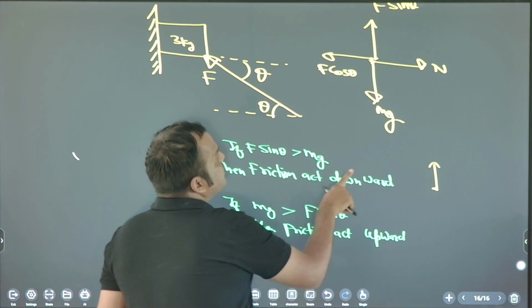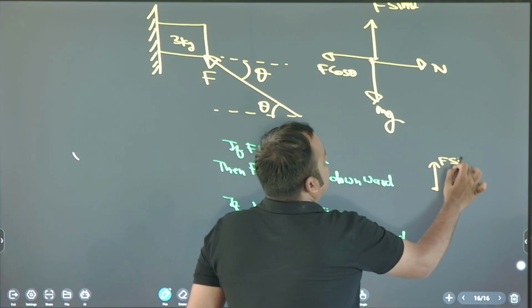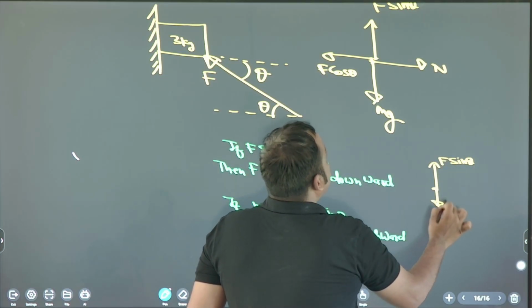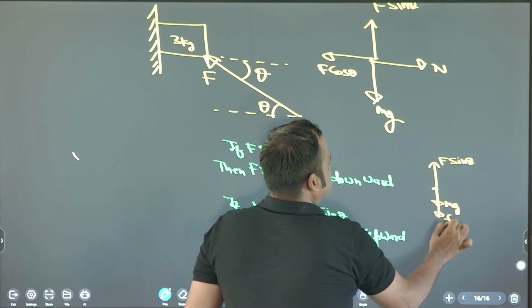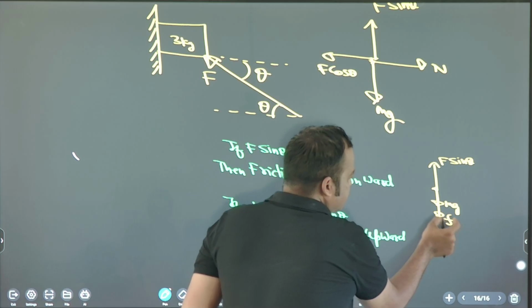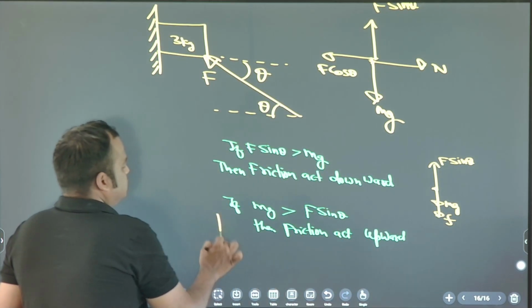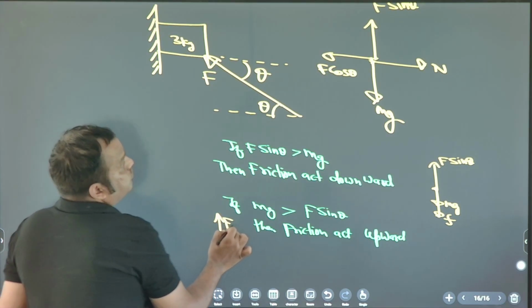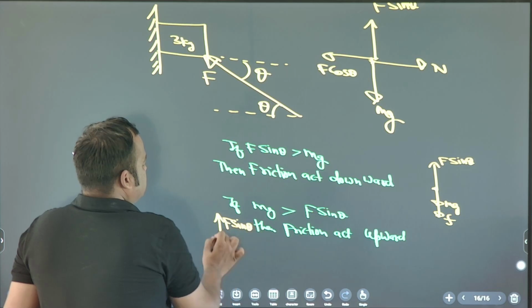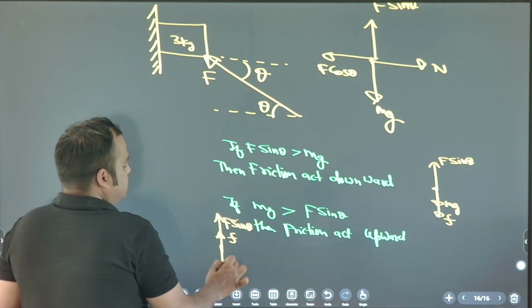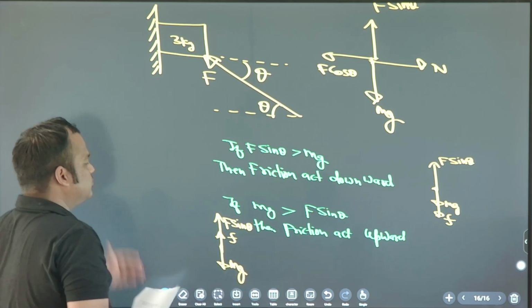So in this case, f sine theta upward, mg downward, friction downward. Small f means friction. In this case, f sine theta upward, friction also upward, mg downward.